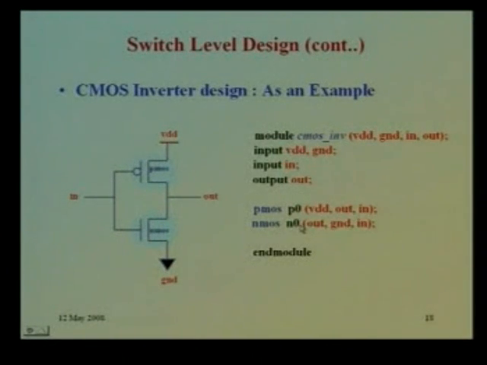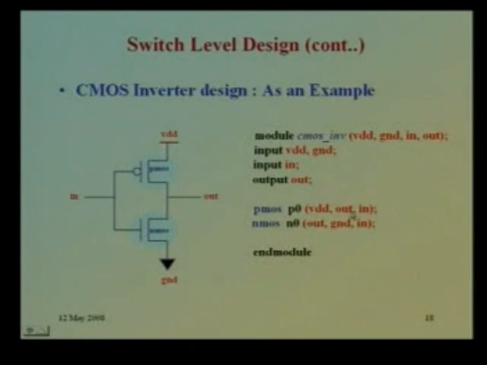Most compilers have keywords for the PMOS transistor, that is pmos, and for the NMOS, that is nmos. These components are compiler primitives. So now you do the connections.